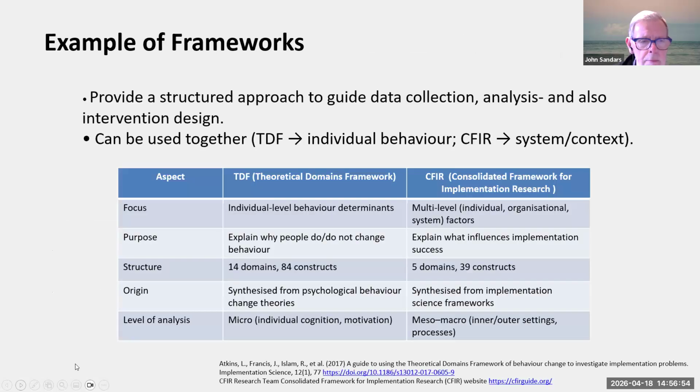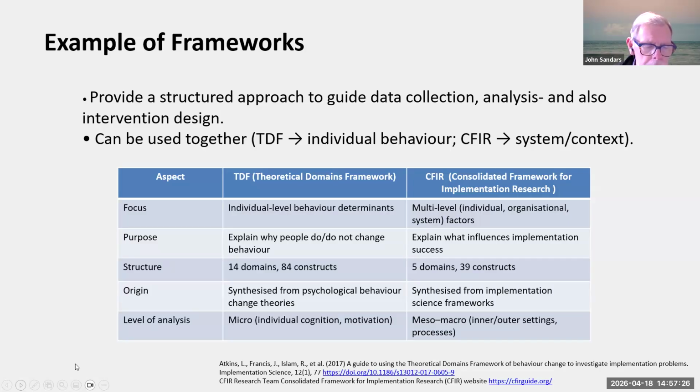So I'll give you some examples. An example of one framework, if you're looking at implementation, say you're looking at the implementation of some evidence-based guidelines, you can use frameworks like the theoretical domains framework or the consolidated framework for implementation research, because these have particular domains which can be explored.